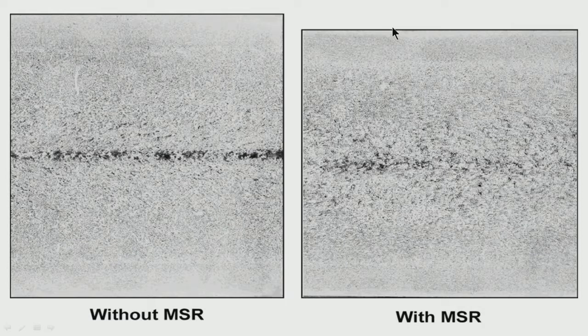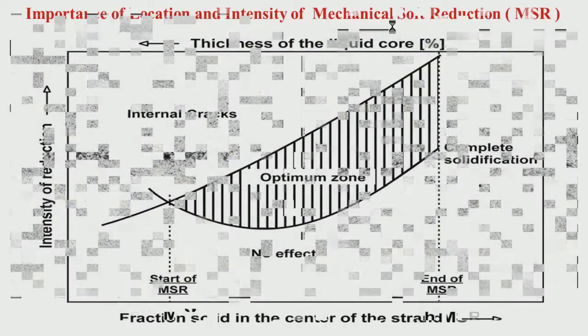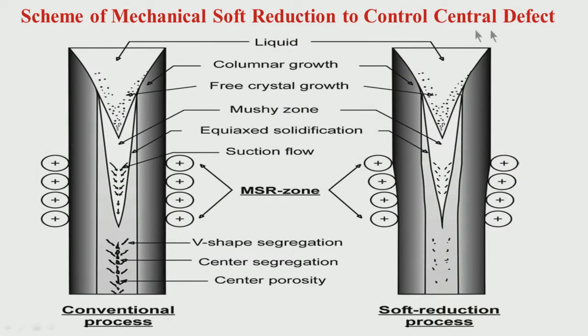Why is this so? As I have mentioned, by putting mechanical soft reduction, you are slightly reducing the area where final solidification is taking place.